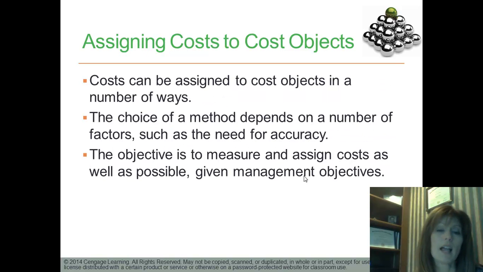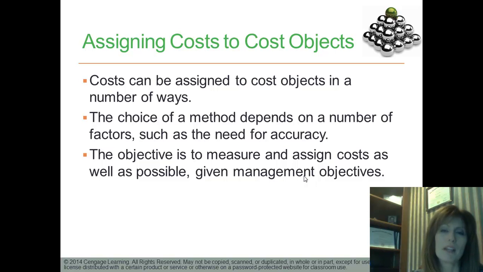We can assign cost to a cost object quite a few different ways, but sometimes in managerial accounting we have to be very careful that the time we spend tracking something is worth what we get out of that tracking. In other words, we want to make sure that when we're assigning things, we're not diving so deep in the details that we're creating a need for a whole department just to track costs, when the difference in tracking them or not tracking them may be very minimal.